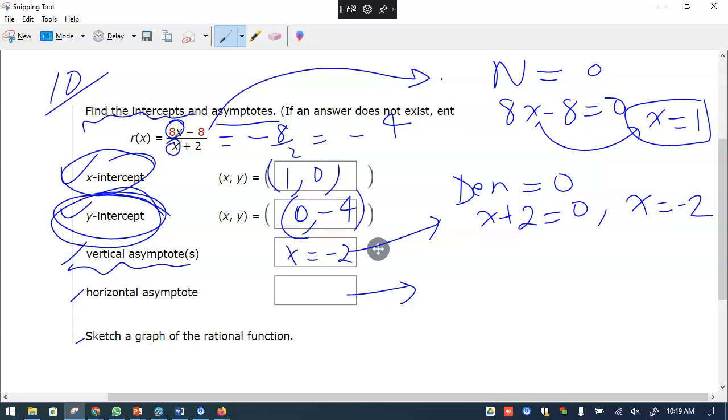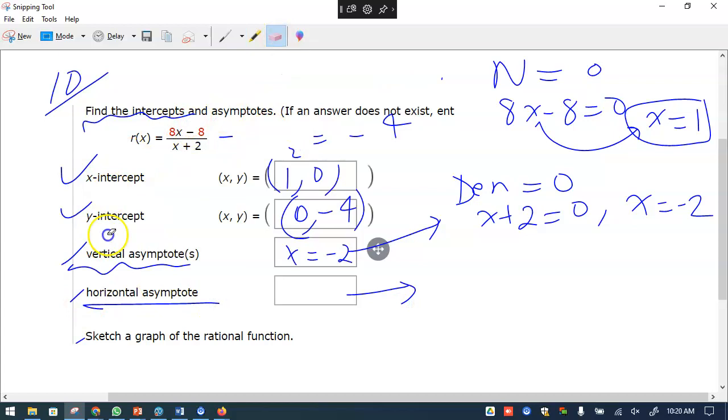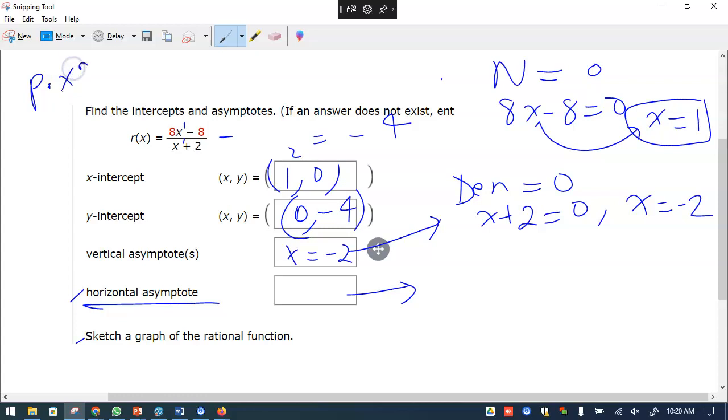And to find the horizontal asymptote, you check the degree of the numerator and the denominator. If you see in this rational function, both degrees are 1 and 1. When this happens, let's call the numerator P with leading term x to the M, and the denominator Q with x to the N, and there is other stuff, but we are not worried.